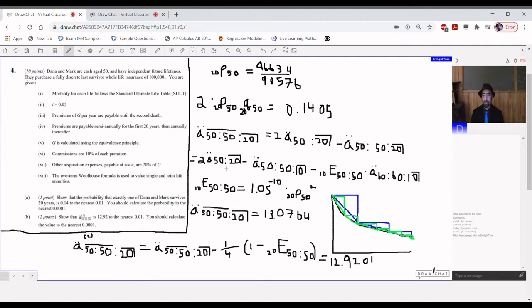Right? This comes from assuming that if one of them is paying a premium of 1 and the other is also paying a premium of 1, you could either view that as whoever dies first plus whoever dies second, or just you plus you, right? Either one is going to work, right?